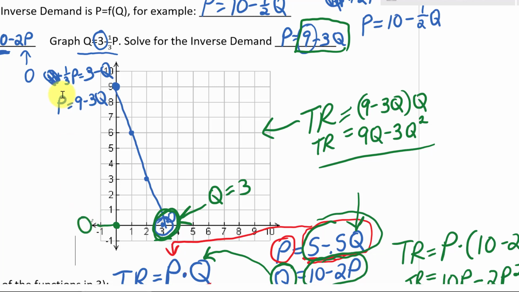So this function right here, if we plug in a Q of 3, has got to give us a total revenue of 0. Let's check. 9 times 3, 27, minus 3 times 3 squared. 3 squared is 9, times 3 is 27. So our total revenue is going to be $0 if we want to sell 3 units, because we're going to have to give them away for free, right?